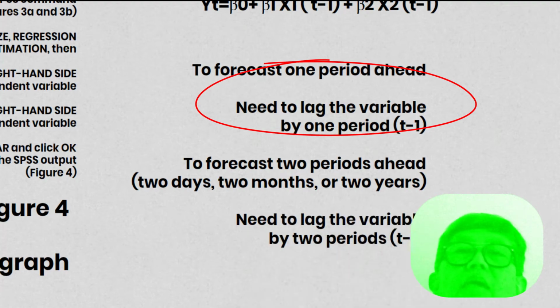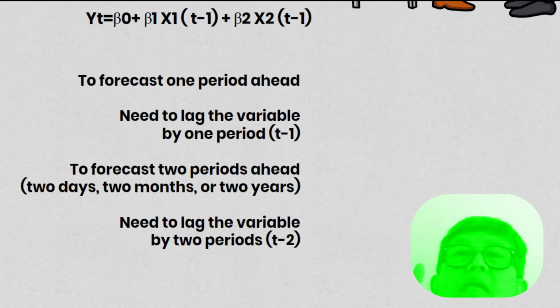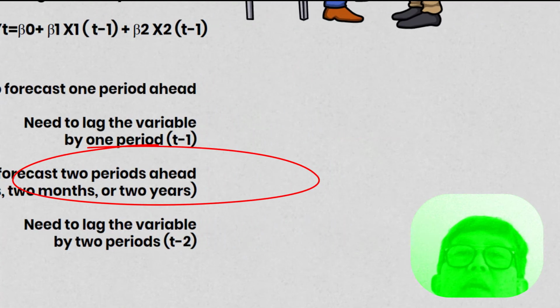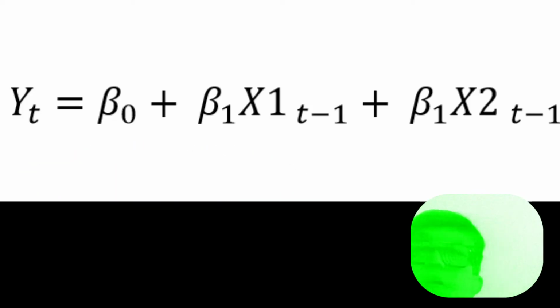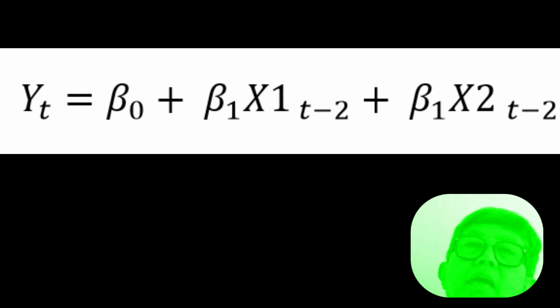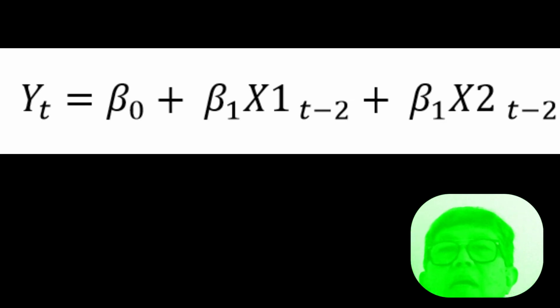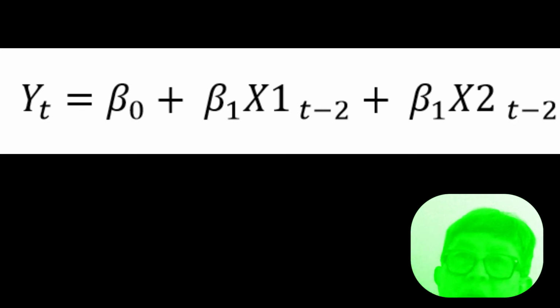However, if you want to forecast 2 periods ahead, 2 days, 2 months, or 2 years, you need to lag the variable by 2 periods. If you look at the function, yt equals beta 0 plus beta 1 x1,t minus 2, 2 periods, you lose 2 observations.